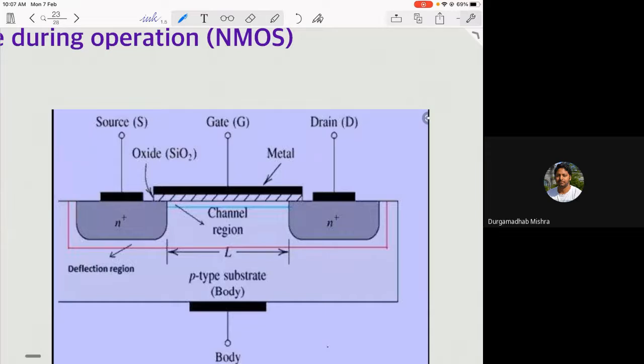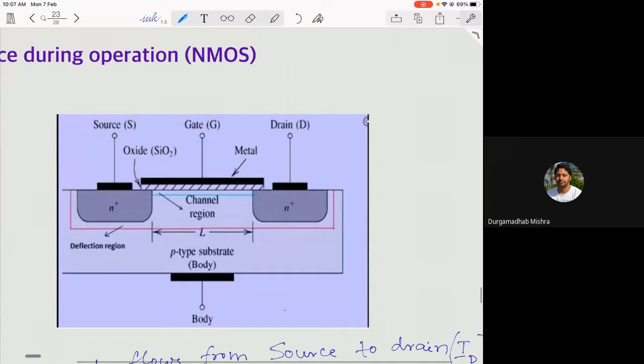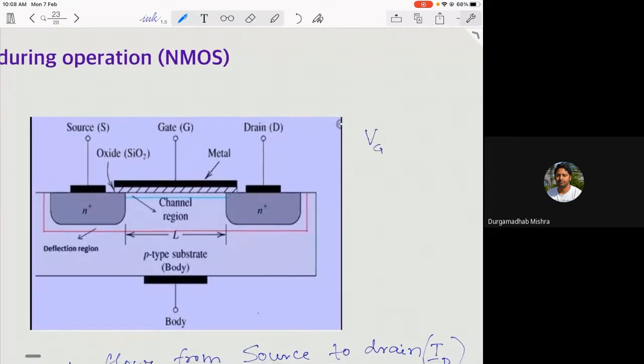What is most important in this device is that you need to apply a gate voltage, and if you want to switch it on, it has to be more than a threshold voltage. Depending on the device, the threshold voltage can vary, but it is typically of the order of 3 to 4 volts, basically a few volts.